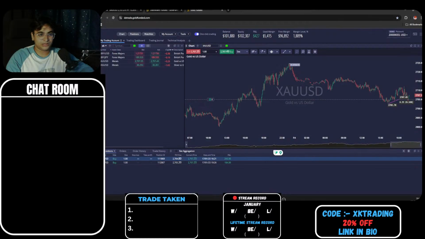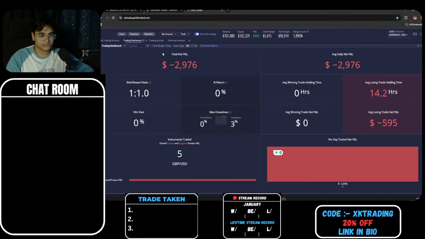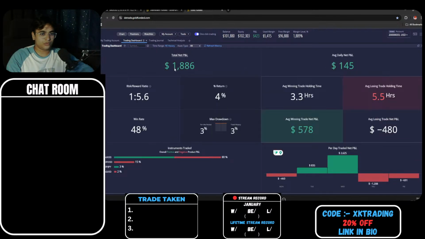All right, there's one thing I like here, which is this dashboard. I will set it to all history. So overall, we are up around 1.8%. It shows us how much we are making, all in all. Average daily PNL is $145.